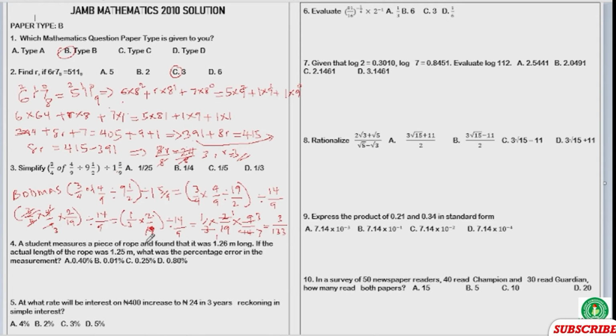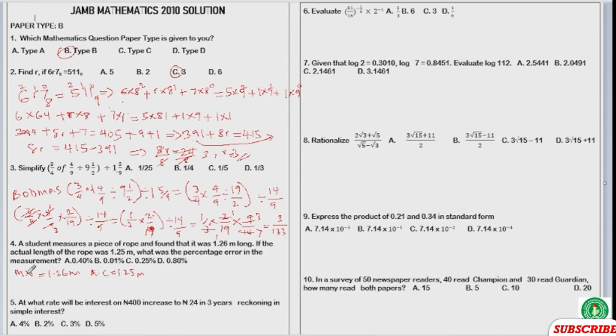The measured value that the student obtained is 1.26 meters. But the actual length of the rope is 1.25 meters. Now, what was the percentage error in the measurement?